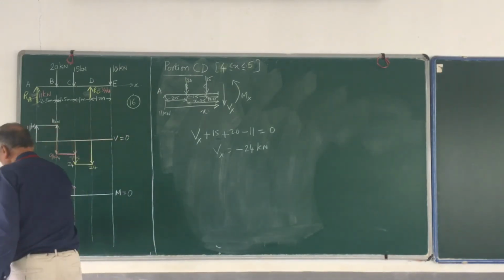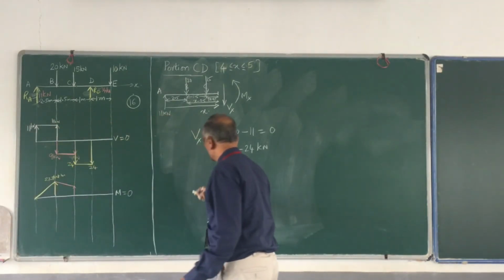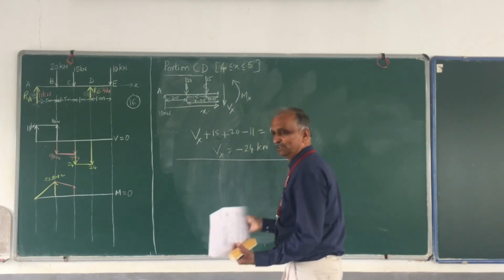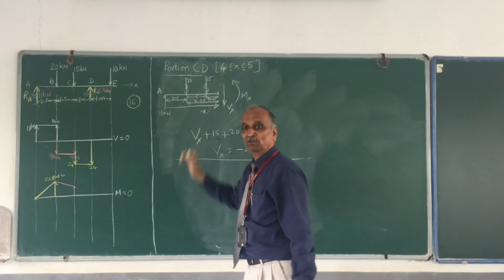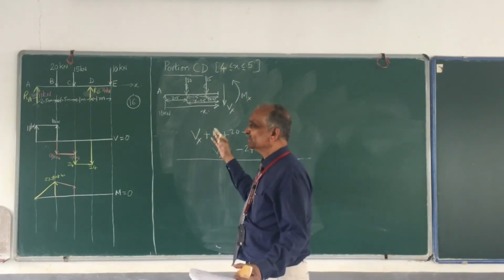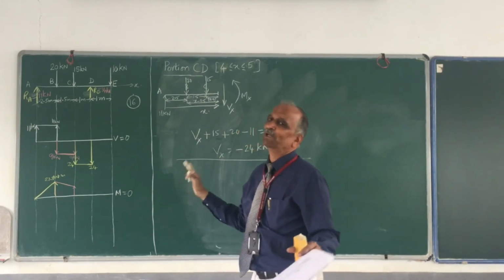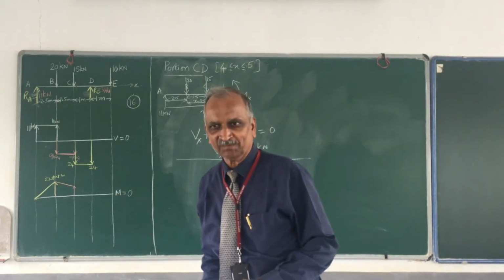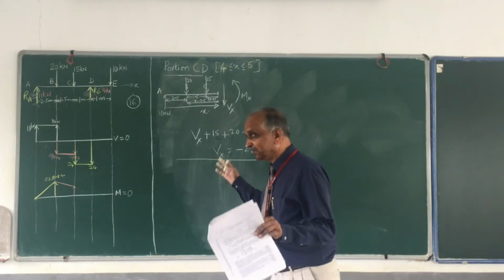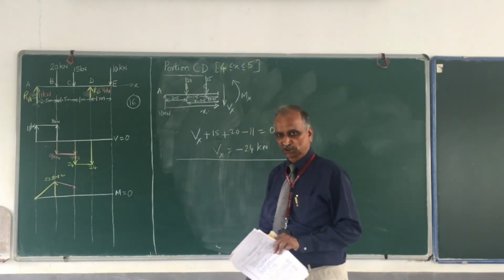Now the bending moment diagram. It's very mechanical, the same procedure, but you need to write a lot of equations because you have more and more portions. A more complex problem is nothing; it is not difficult. It is going to take more time, nothing else. So for that length of time you have to be very patient.